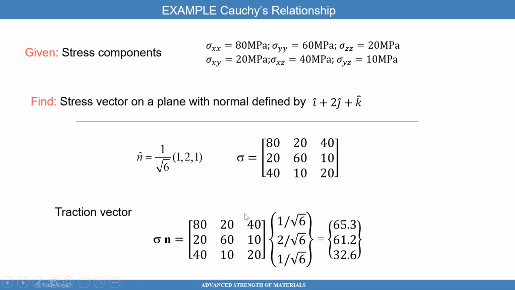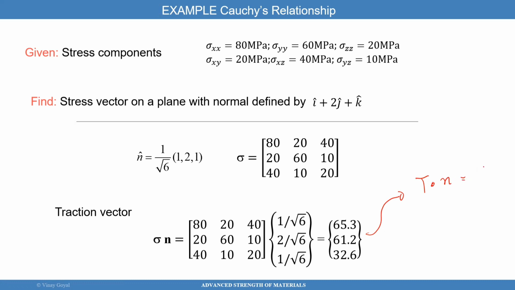So I have the matrix here, the stress, times n, and I get this as a traction vector. It turns out that this traction vector is not normal to that surface, meaning that there are shear stresses also acting on that surface. If I want to find a traction component that's normal to that surface, I'll simply take this traction vector and dot it with n.